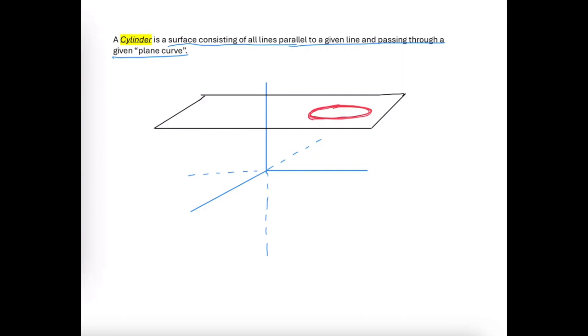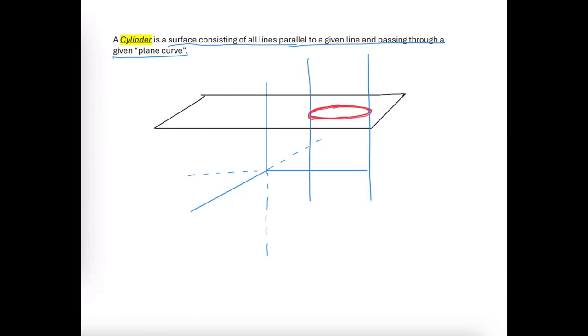The cylinder is going to consist of all lines that are going to be parallel to a given line. So let's say our given line would be a line passing through this plane curve, and all of the lines that are going to be parallel to that will also be considered to be part of the cylinder.